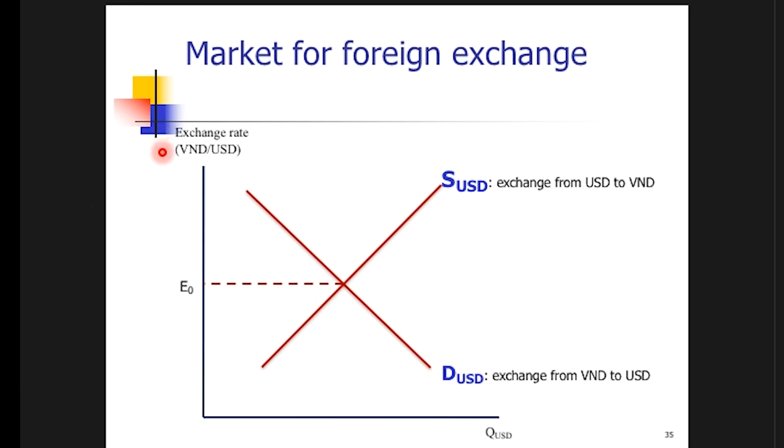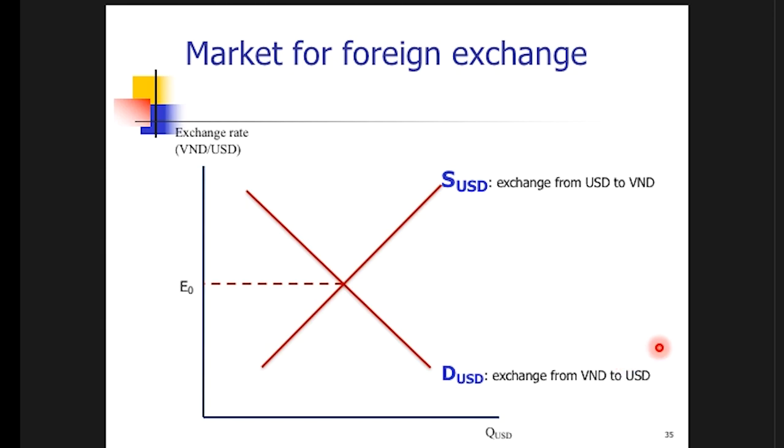It means the rate to exchange Vietnam dong and US dollar, and it also means the price of US dollar in terms of Vietnam dong. Supply of US dollar comes from all the activity related to exchange from US dollar to Vietnam dong, and demand for US dollar comes from all activity exchanging from Vietnam dong to US dollar.